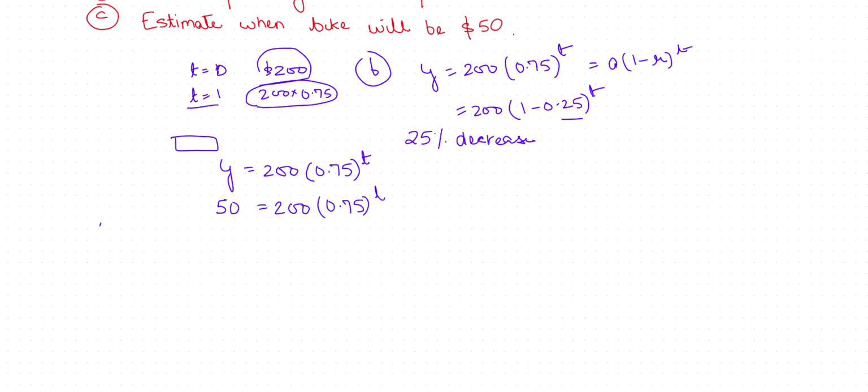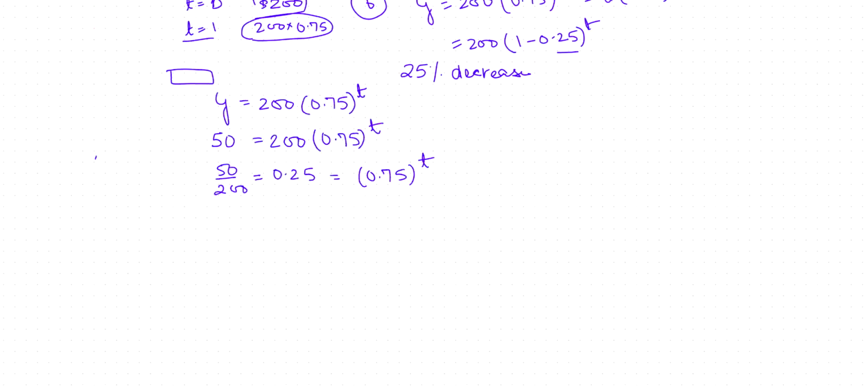So first we'll solve this. This will give us 0.25, 50 over 200, which is 0.25, is equal to 0.75^t. We can use a graphing calculator to solve this. But I'll use logs, and log may not be taught to you at this time, but I'll just give you a brief idea of this.